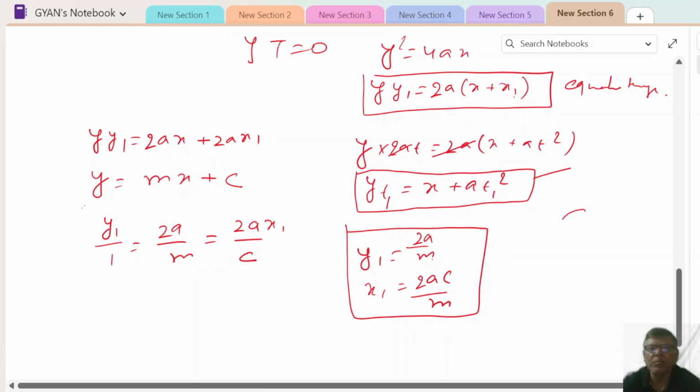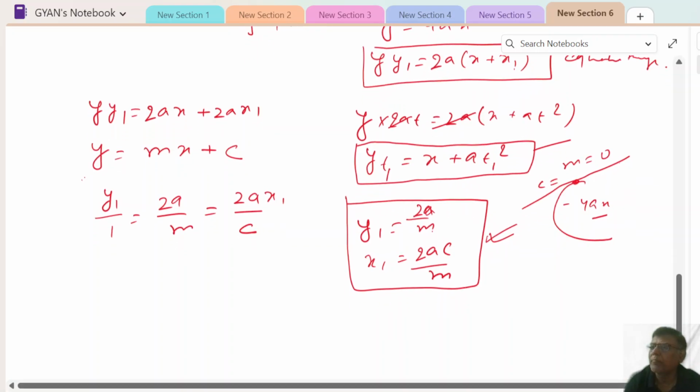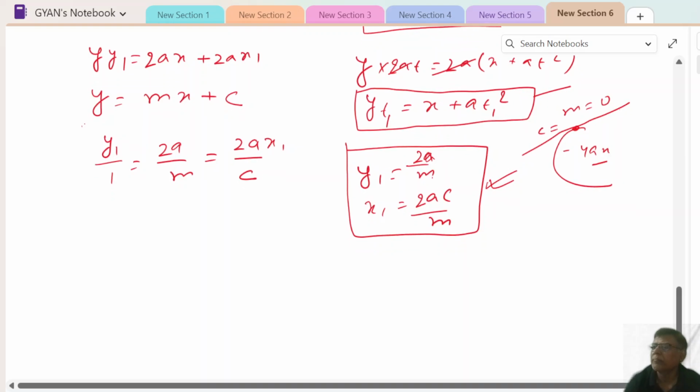So suppose one parabola is given and one line is given. Then for the line you will know m, for the parabola you will know 4ax, and you will know c. So you can find this point by this formula. Now you put these values in y square is equal to 4ax.